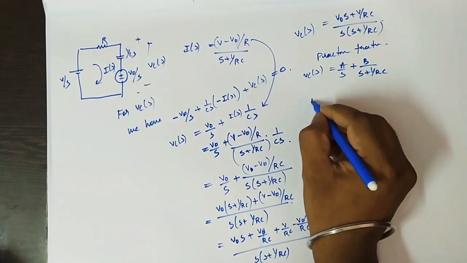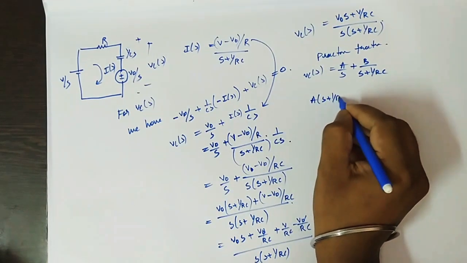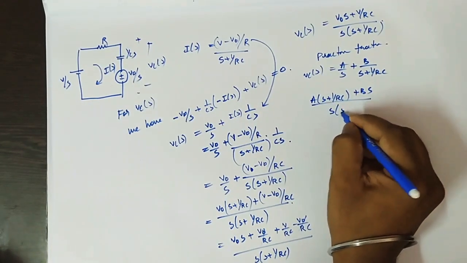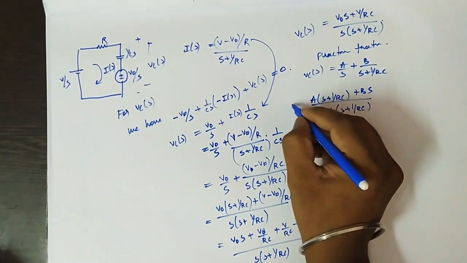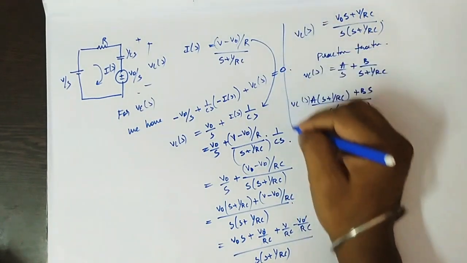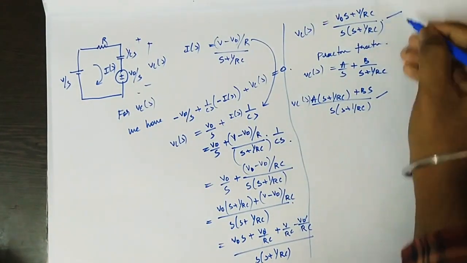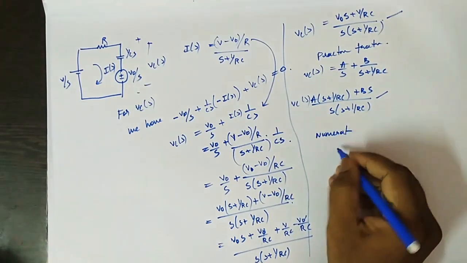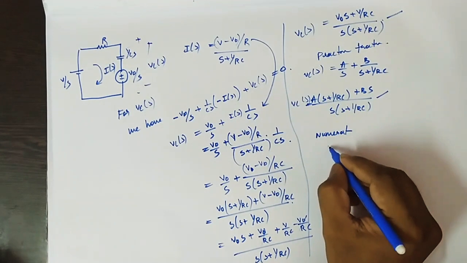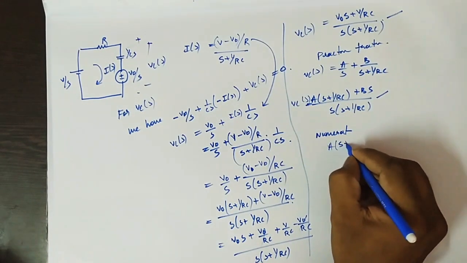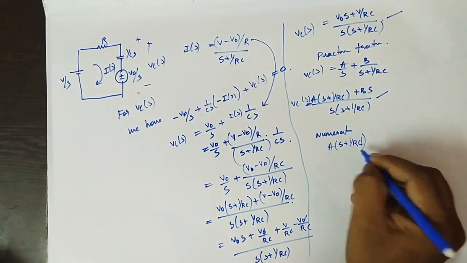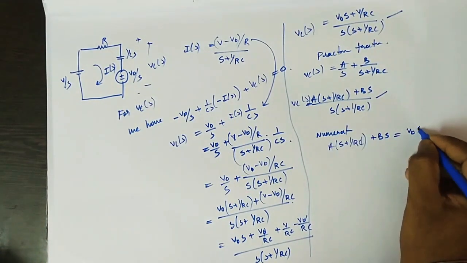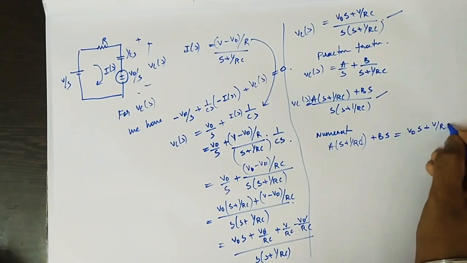Take LCM again: A into S plus 1 by RC plus Bs, over S into S plus 1 by RC. Compare this term and this term. Comparing the numerators, we got A into S plus 1 by RC plus Bs equal to V naught S plus V by RC.